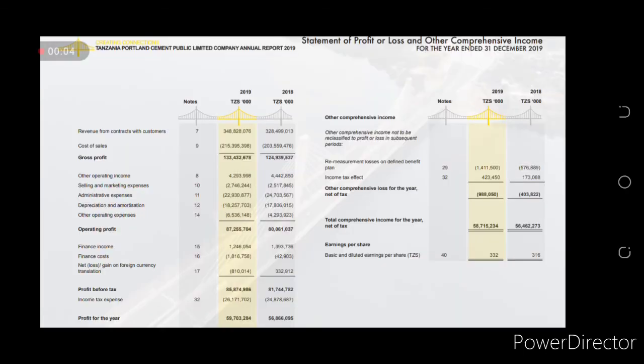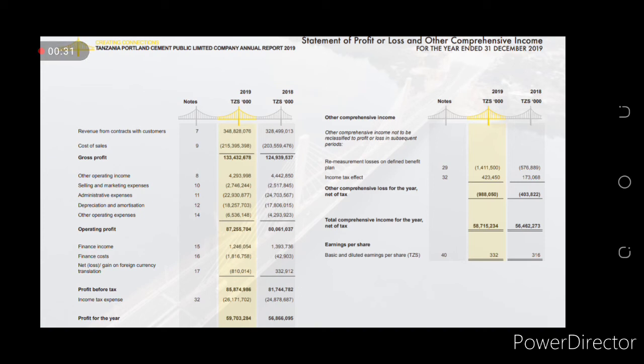Here's an example of the statement of profit or loss and other comprehensive income for the year ended 31st December 2019. This just means that the business operations recorded in this particular statement are from the time period of 1st January to 31st December of the year 2019. We have all these incomes and expenses.